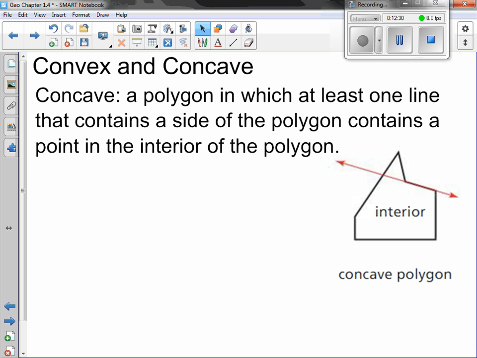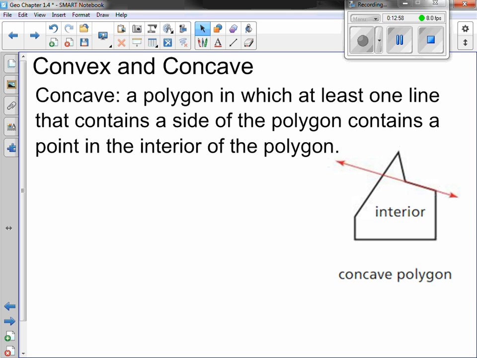What it's saying, so a polygon, at least one line contains a side. So if it contains the side, it's a part of the side length, yes? That's what that first part is saying. And contains at least a side of the polygon contains a point in the interior of the polygon. So if we take one of the sides and extend it out indefinitely, we turn it into a line, and it contains a point inside, it goes inside the figure.